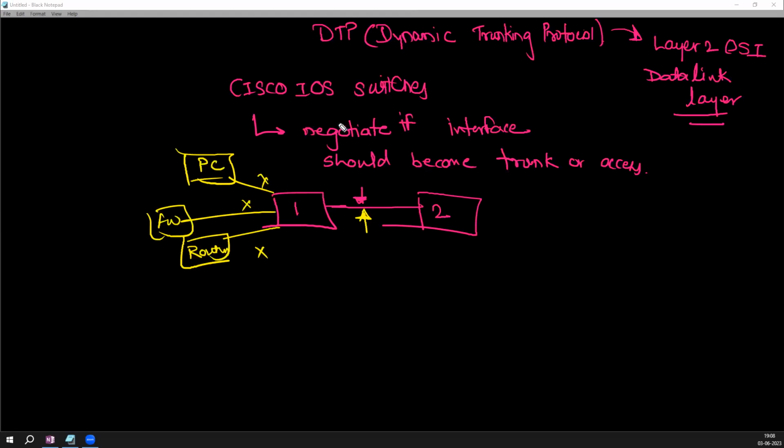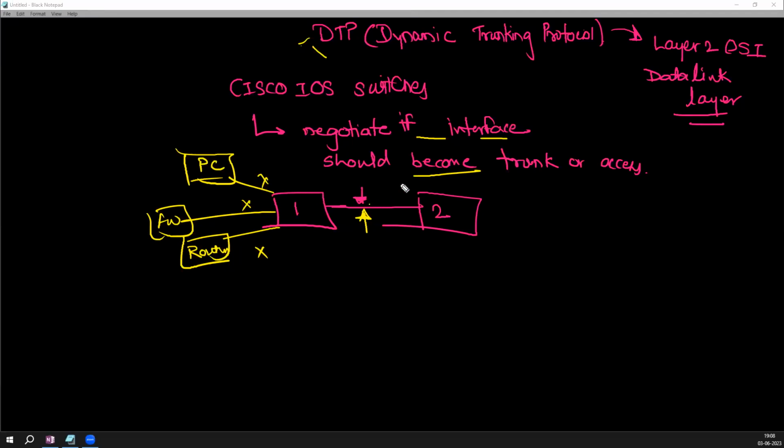Yeah. So ideally, on Cisco switches, whenever you are connecting a link between two different Cisco switches, the DTP protocol will help you to negotiate whether this port should become a trunk port or an access port.